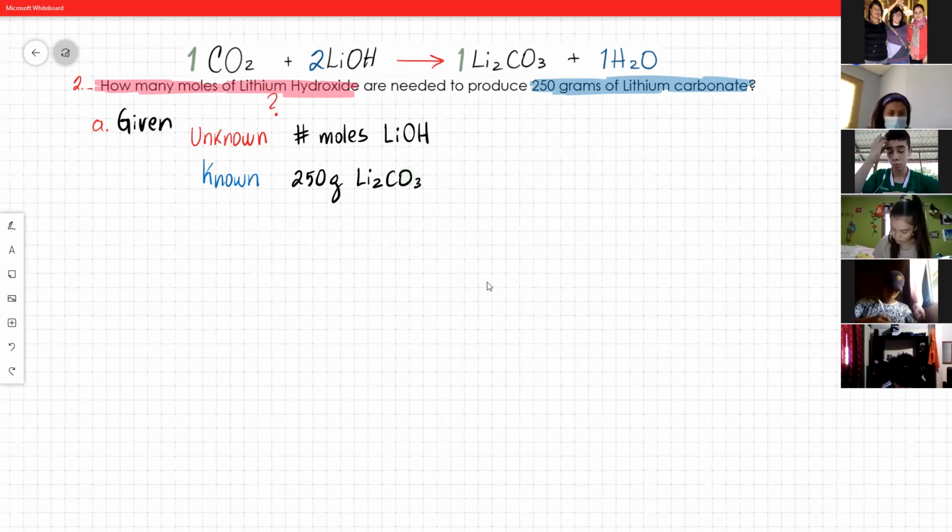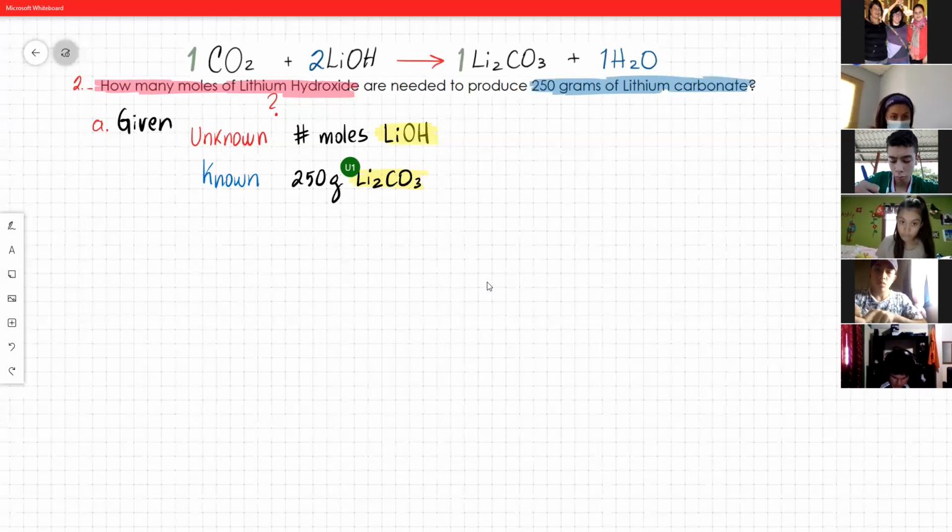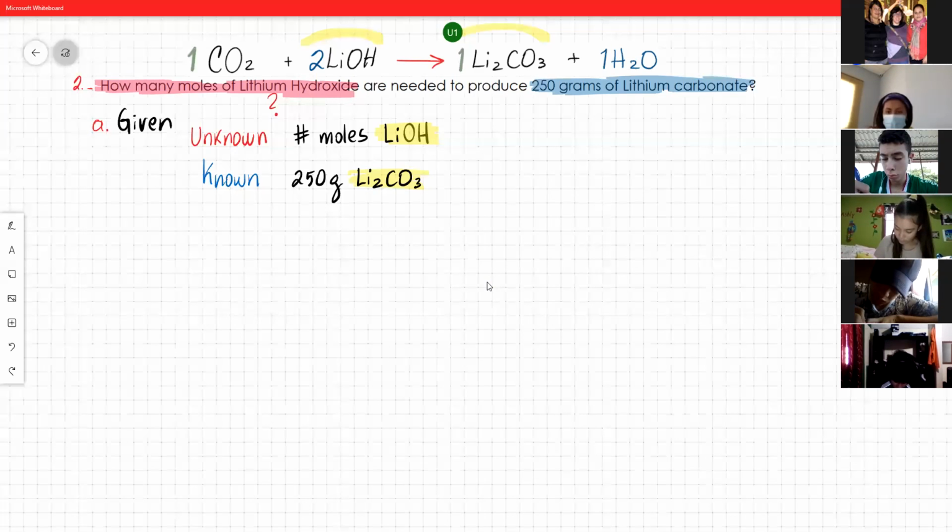So the two substances that you need to relate are LiOH and lithium carbonate. Those are the two substances. So it is between LiOH and lithium carbonate. From this, you can get the second step, that is molar ratios.